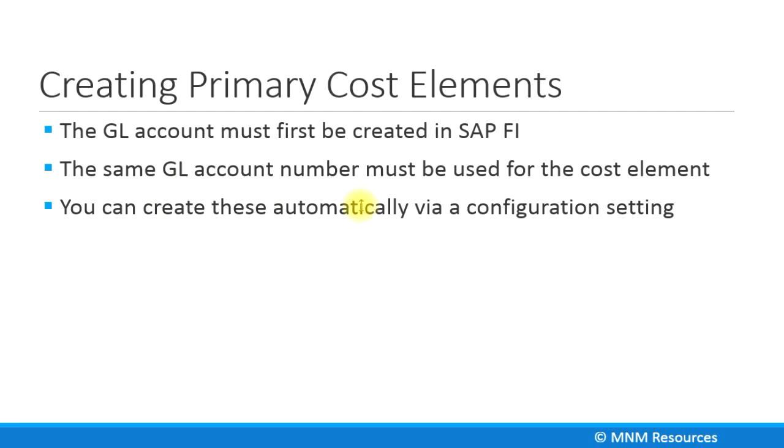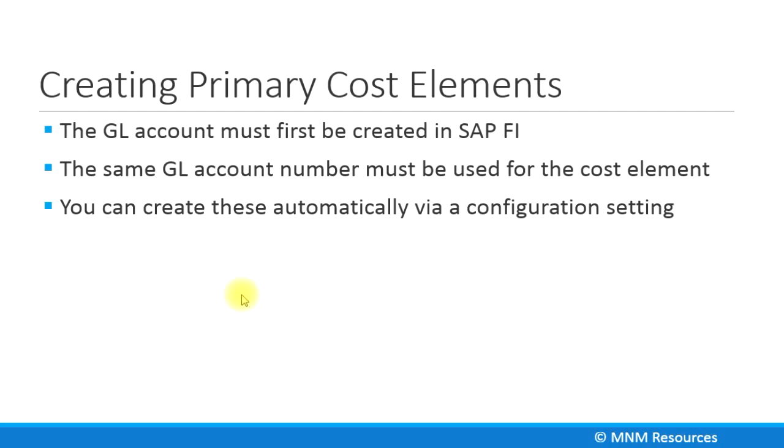You cannot change the ID over there because you need to have a direct link between the FI and CO module, and that flows between the cost element and the GL account as a main link between these two modules. So that's why you cannot change the ID of that account. However, you could change the description of that name. Now you also have this option to create it manually, or you can also create this automatically via the system.